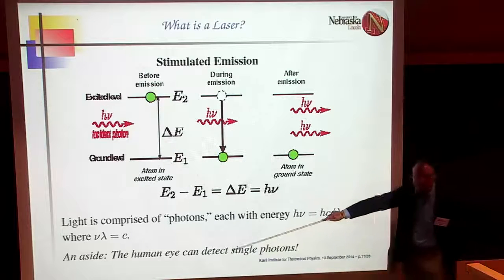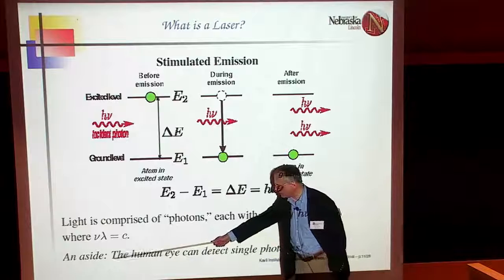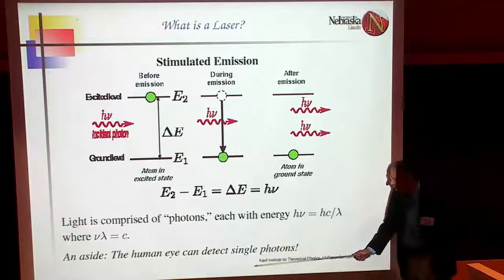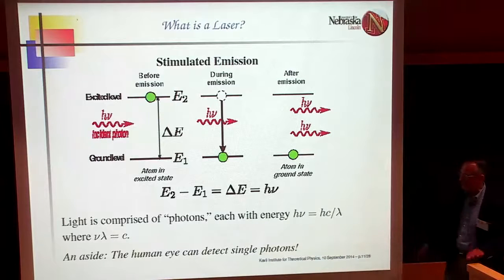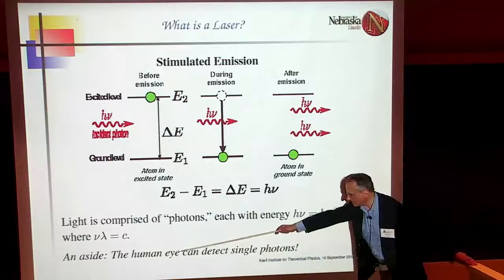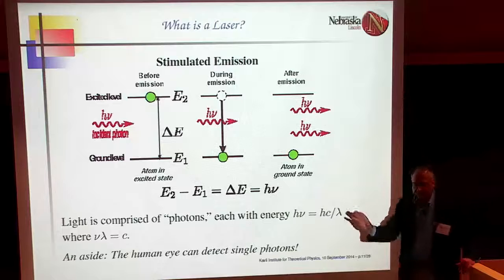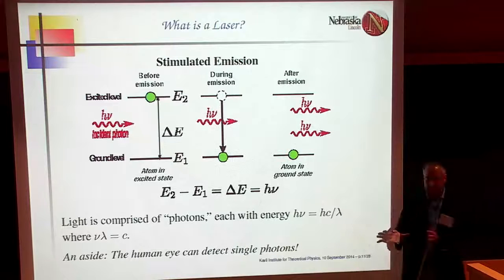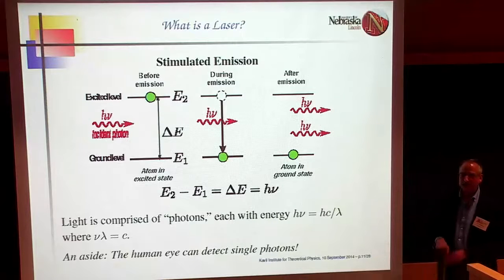But on the other hand, I used to be an associate editor of Reviews of Modern Physics, and one of the articles that I solicited and then edited gave me great pleasure. It was a biophysics group at Berkeley in which they described an experiment in which the human eye detected a single photon. They took volunteer subjects and put them in a room that was absolutely sealed, no light. They had to stay in that room for 3 hours.